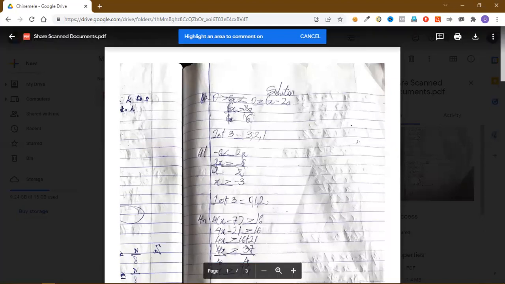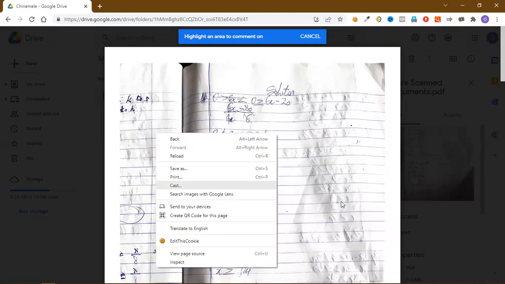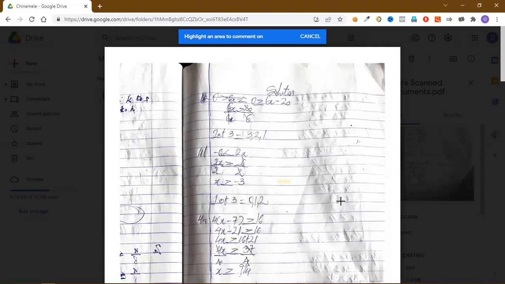That one is saying that minus 6 is less than or equal to 2x. So you change it and you get the answer. That's correct. That is very, very correct. That's correct on that part. Very, very correct.